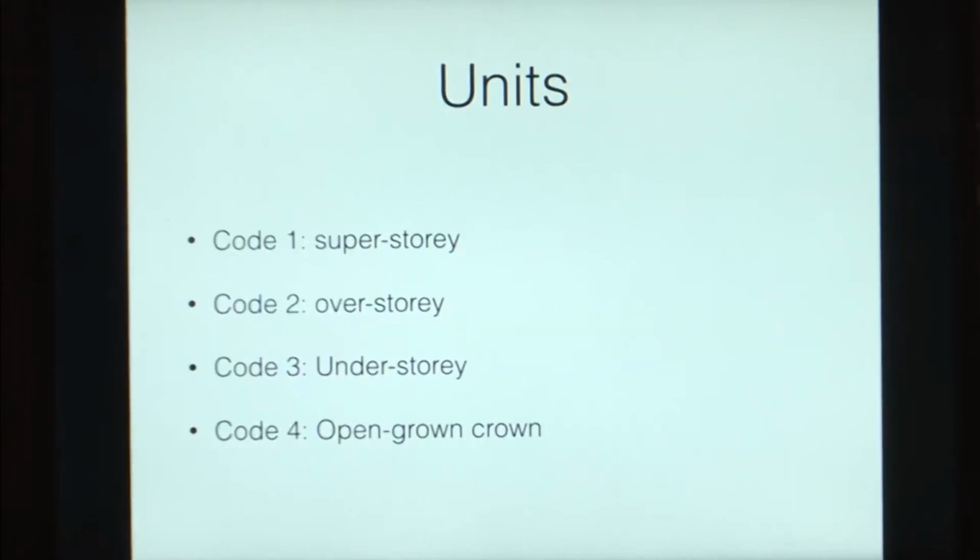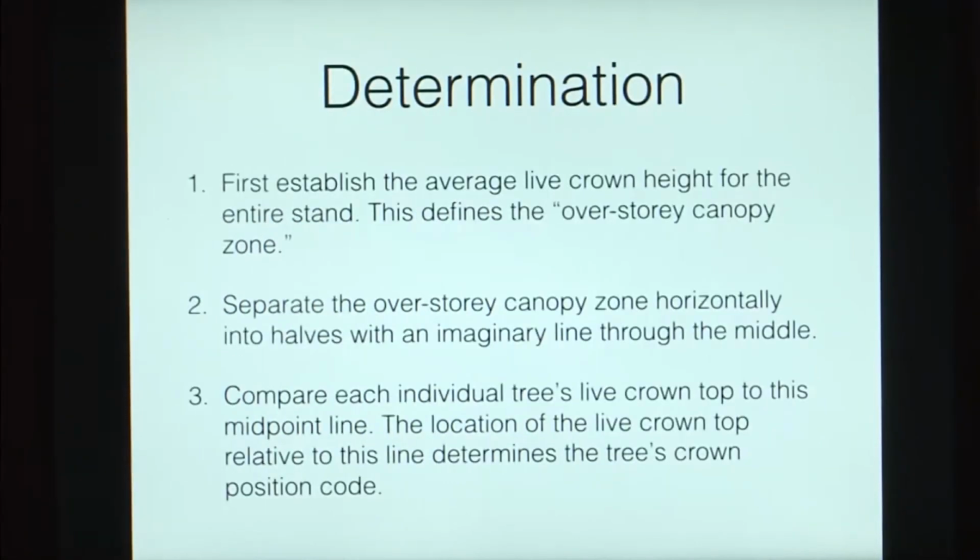Here we divide it into 4 codes. So, code 1 is called superstory, code 2 is overstory, code 3 is understory and code 4 is an open grown crown. So, how do we figure out this crown position? First of all, we establish the average live crown height for the entire stand, which defines the overstory canopy zone.